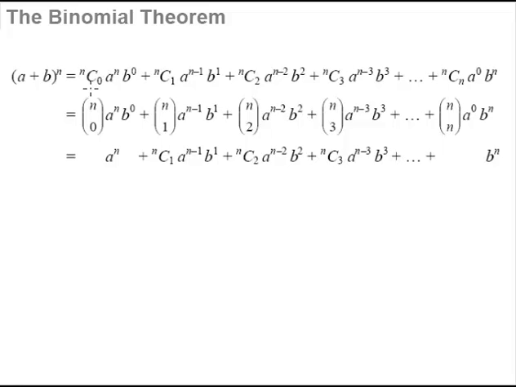So how do we expand this? Well, these numbers here, nC0, nC1, nC2, nC3, and so on and so forth, are known as the binomial coefficients, which we earlier talked about in Pascal's triangle. We can actually get these coefficients using Pascal's triangle.